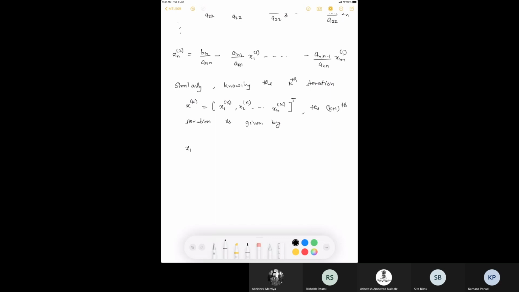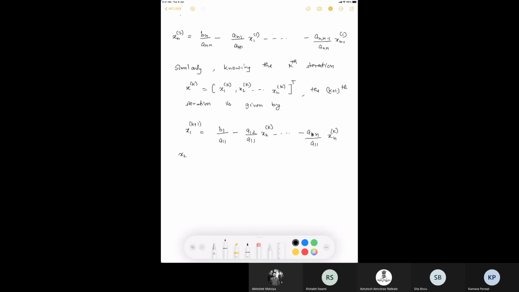the first component of the k plus 1th iteration is b1 divided by a11, minus a12 divided by a11 times x2 of the kth iteration, and the last term is going to be a1n divided by a11 and xn, the nth component of the kth iteration.